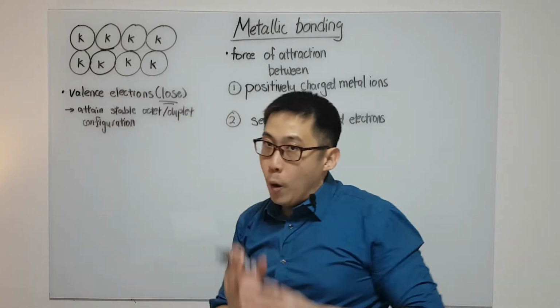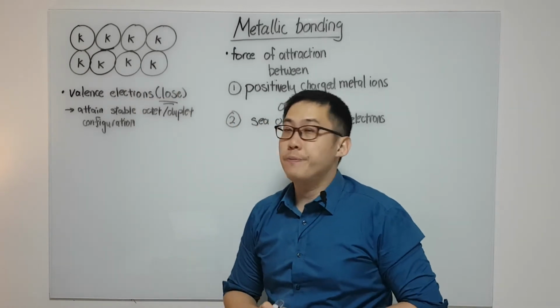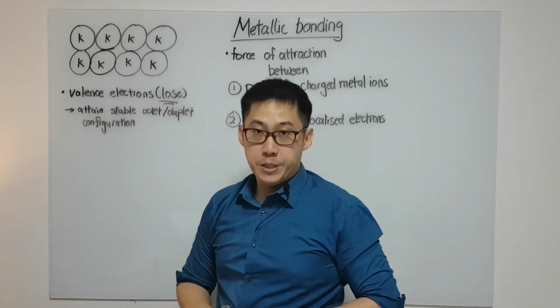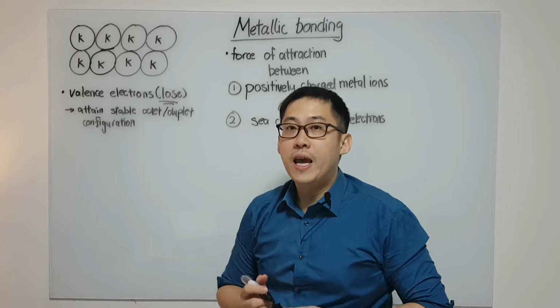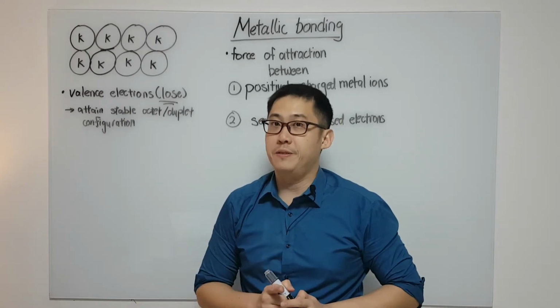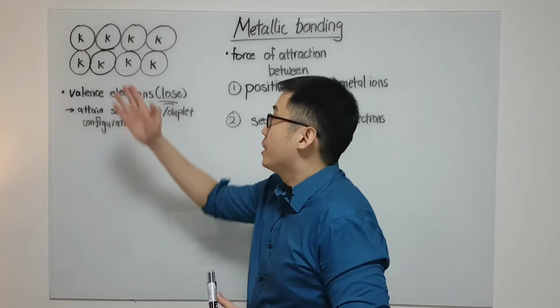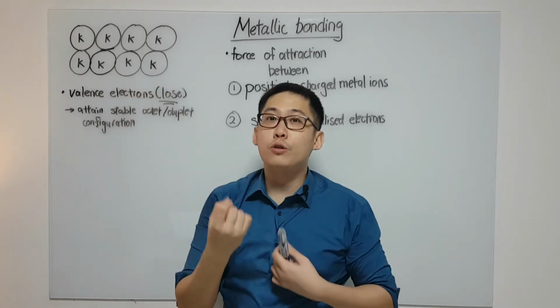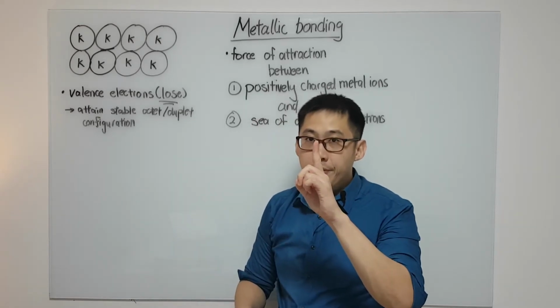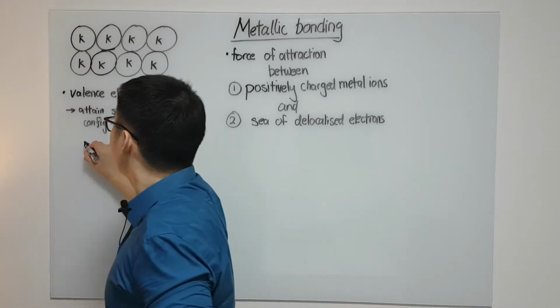So, what happens in a typical metal? Each of these potassium atoms, and if you recall which group potassium is in, potassium is in group 1, will tend to lose its one valence electron to become K+.